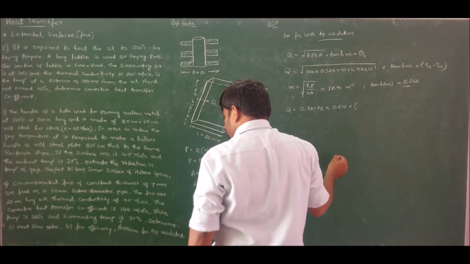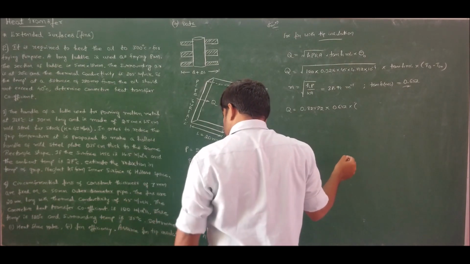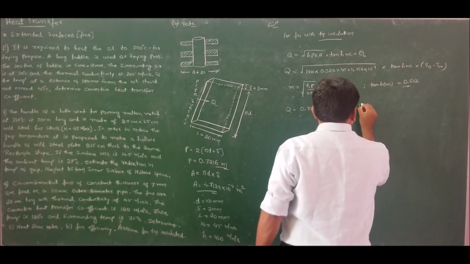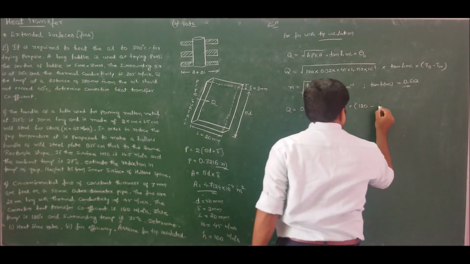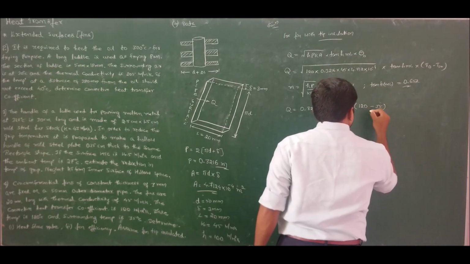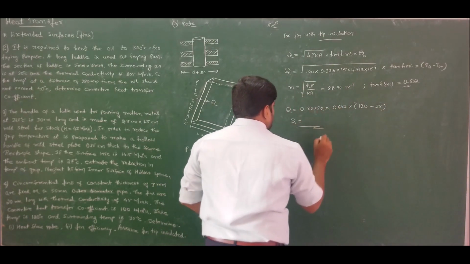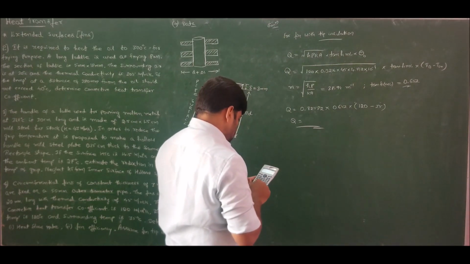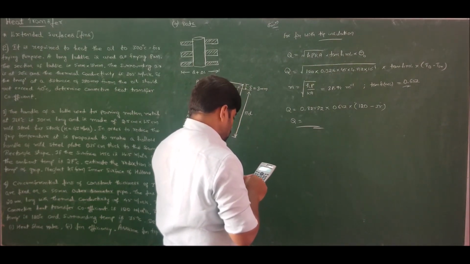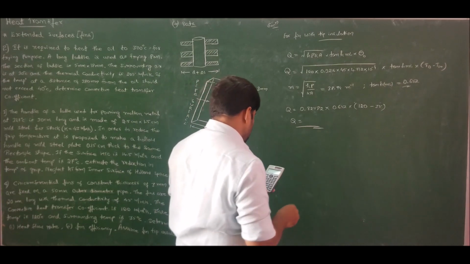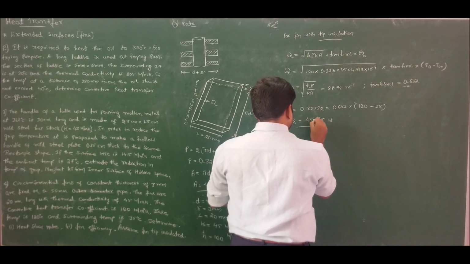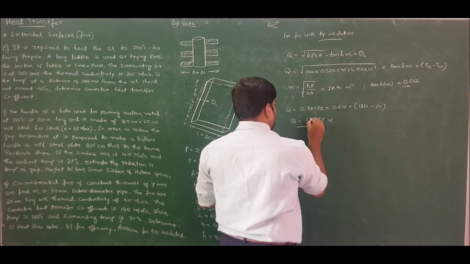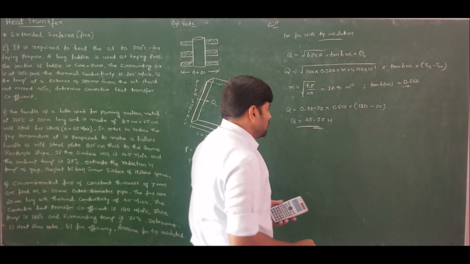The pipe surface temperature is given as 120 degrees Celsius, and the surrounding air temperature is 35 degrees Celsius. So therefore, heat flow is turning out to be 45.77 watts.